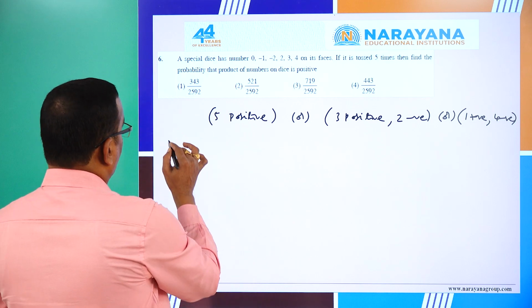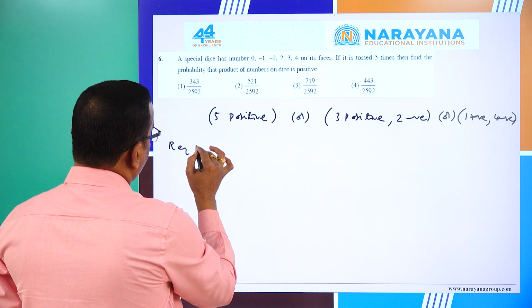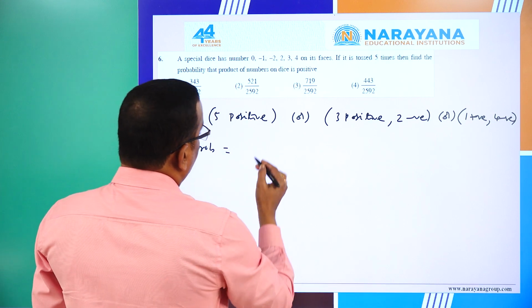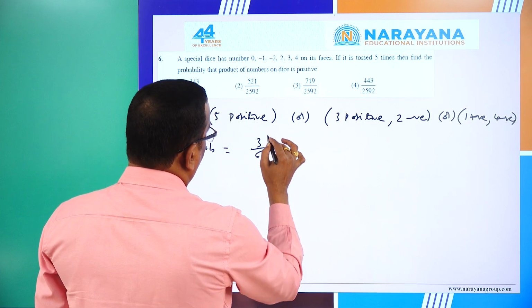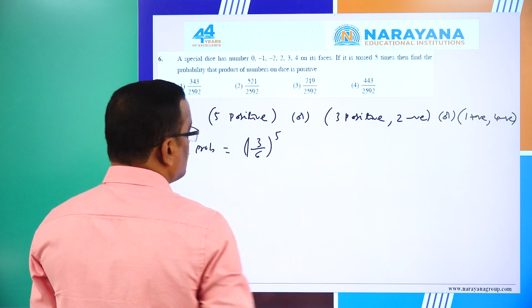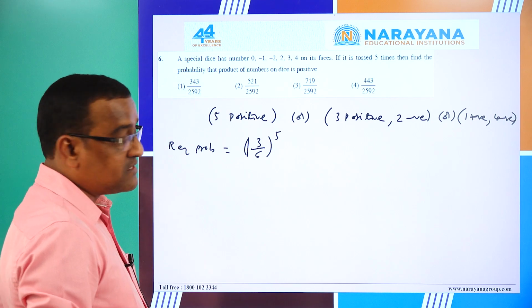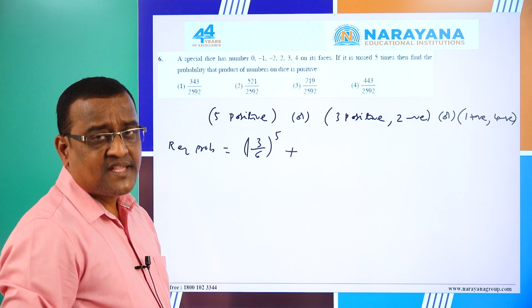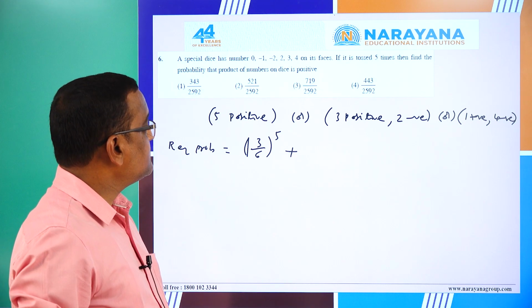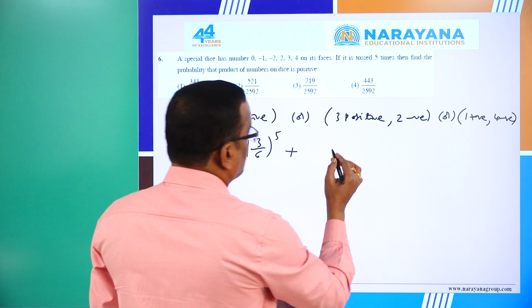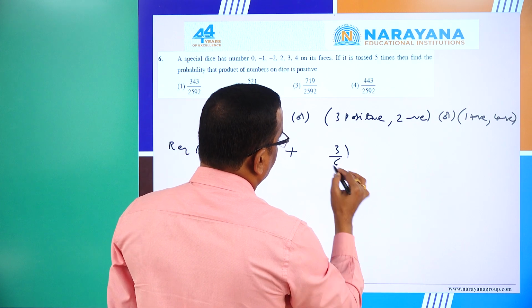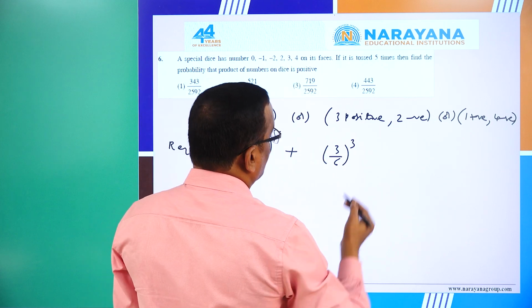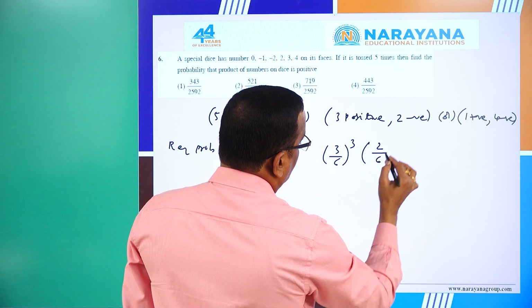So the required probability now becomes: to get 5 positive, each positive number has probability 3 by 6. We have 5 such, so it is (3 by 6) to the power 5. And coming to the second case, 3 positive, 2 negative, so it is (3 by 6) cubed, and the probability of getting a negative number is 2 by 6, whole power 2.